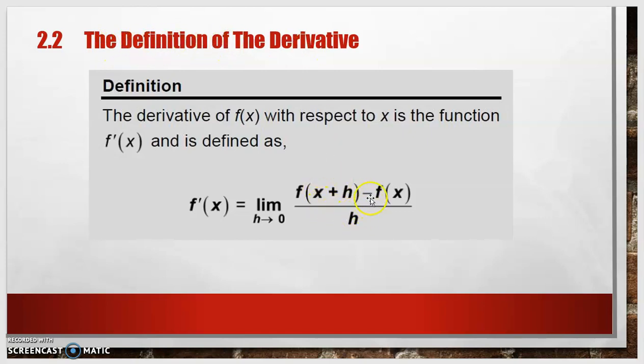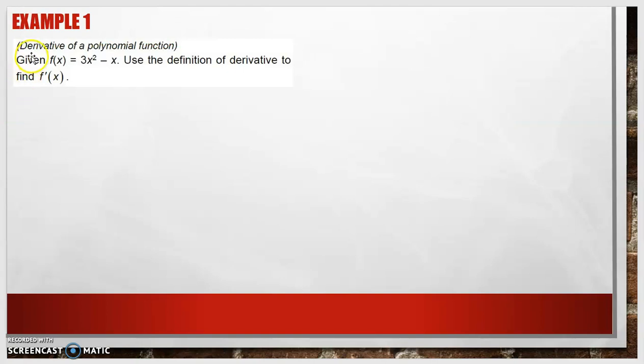This means that we're going to substitute x plus h into the function f, minus the original function f(x), over h. Let's look at example 1. This is the derivative of a polynomial function, a quadratic function.